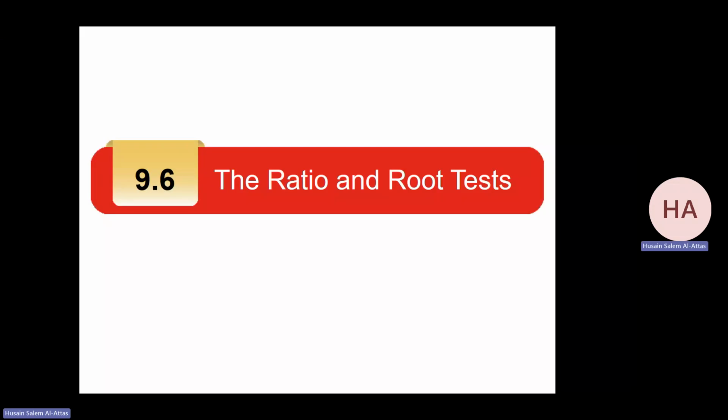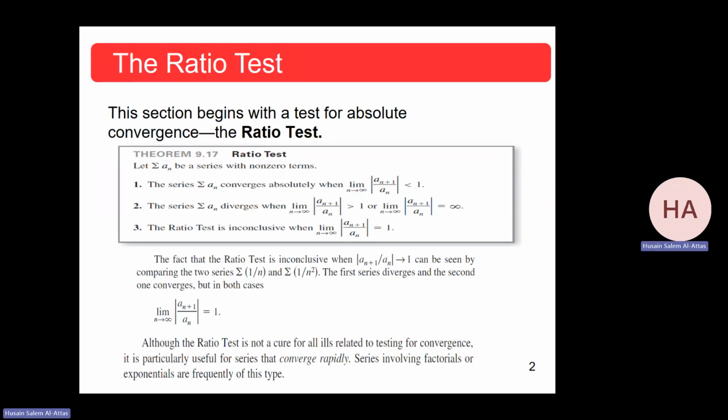Bismillah ar-Rahman ar-Rahim. I will start 9.6, where we have two tests, the ratio and root tests. What is the ratio test? It says that you have a series with non-zero terms.